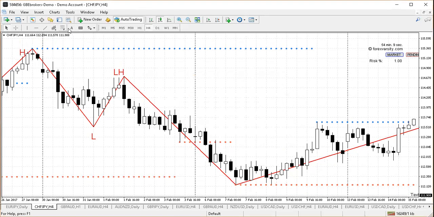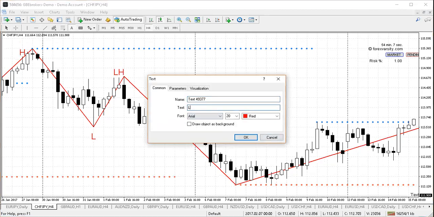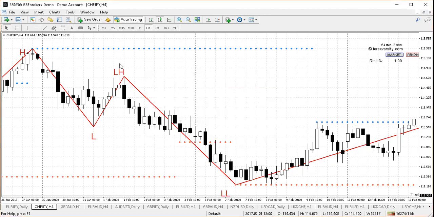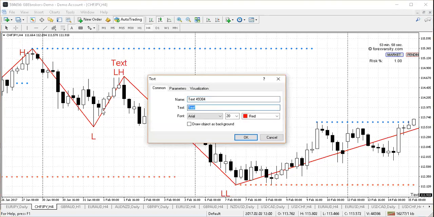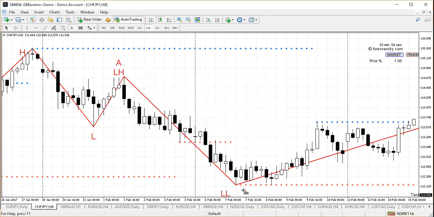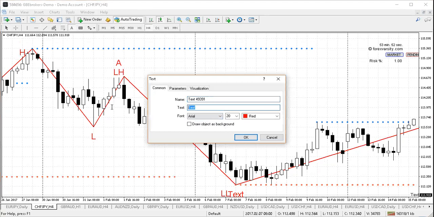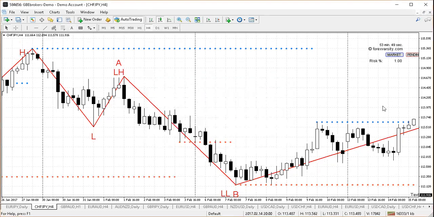And then at the bottom, you have your lower low. Okay, so you would name this A. And then you would have your B on the lower low. And then the name of the game is to look for C and guess where C is going to happen.